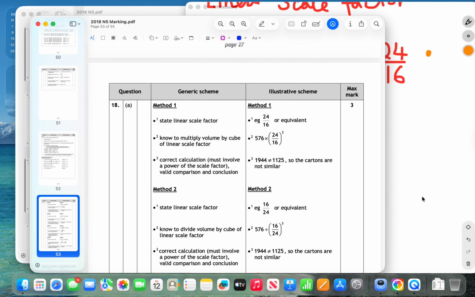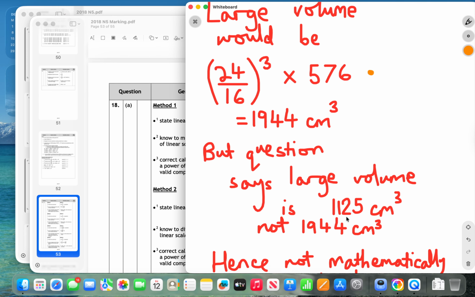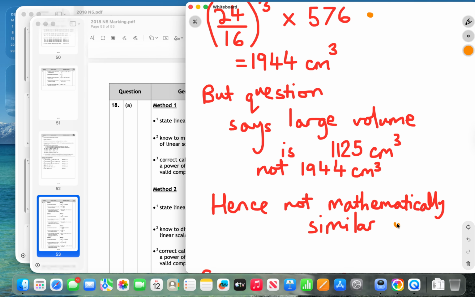And the last mark is for everything else, including the justification and the explanation. And you have to link it back to the question. So the volume we calculated is the volume it would be if they were mathematically similar, but that doesn't match up with the volume given in the question for the large one, so they can't be mathematically similar.